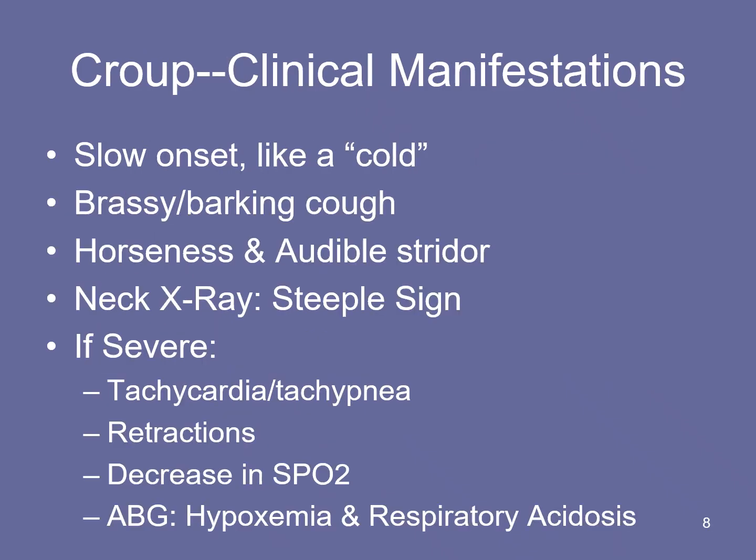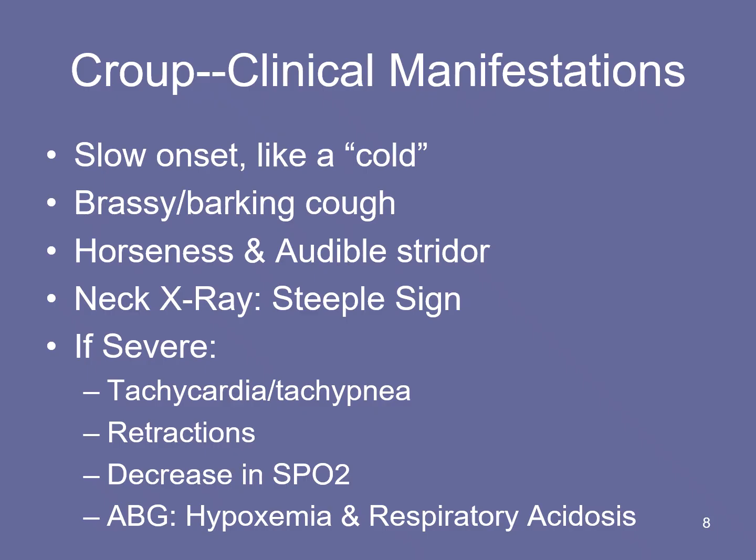The clinical manifestations of croup include a slower onset, like a cold, that worsens, a brassy barking cough, hoarseness, and audible stridor. We can argue that audible stridor is almost redundant because most forms of stridor you can hear with the naked ear. The neck x-ray can often show the steeple sign, which I will show you in the next slide or two.